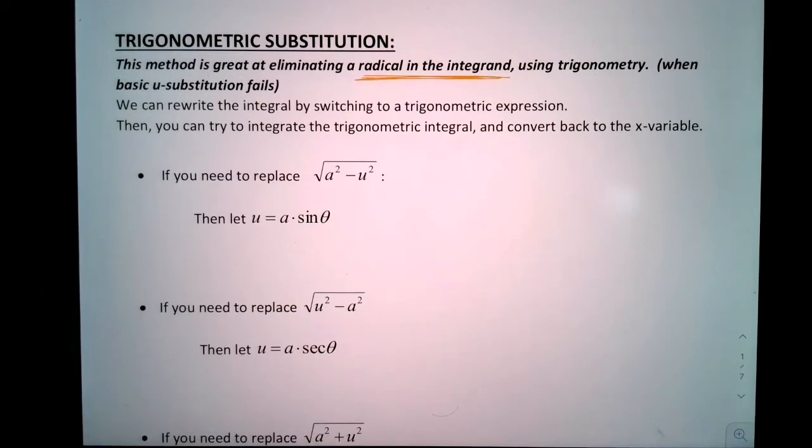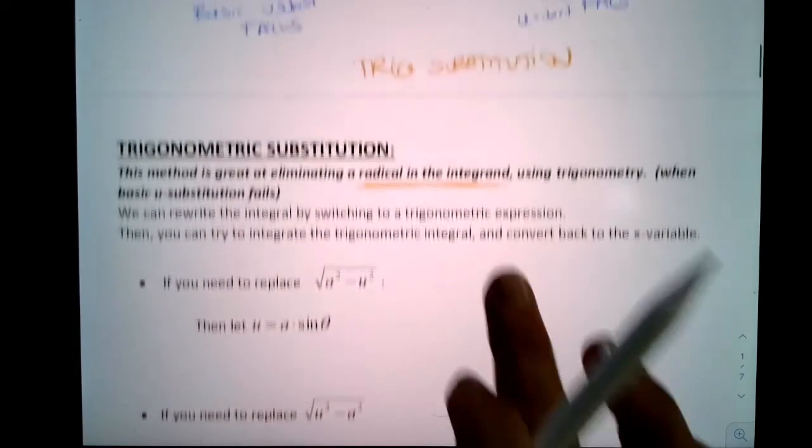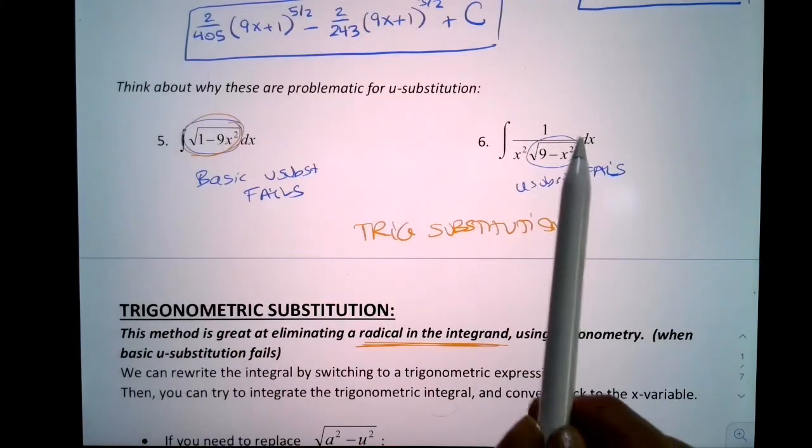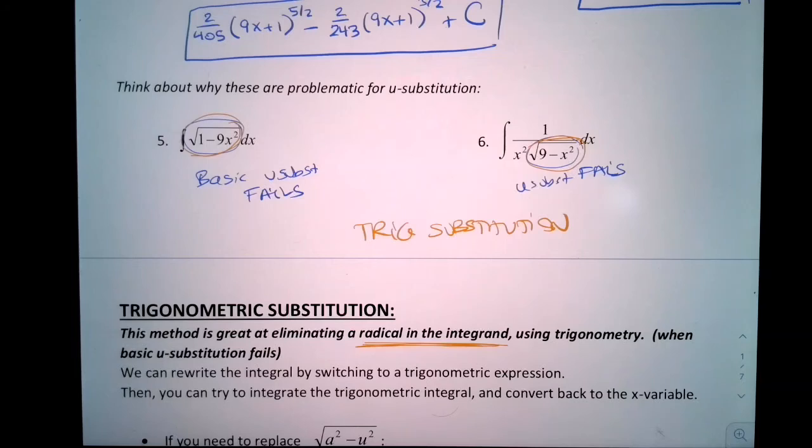But the whole point is we want to eventually eliminate this radical. I want this to go away. What we're going to have left is an integral with trig functions in it instead of x's. Just like u substitution, when you make that switch you have an integral with u's everywhere instead of x's, when I use trig substitution, I'm going to get rid of the x variable and replace it with a bunch of trig functions.